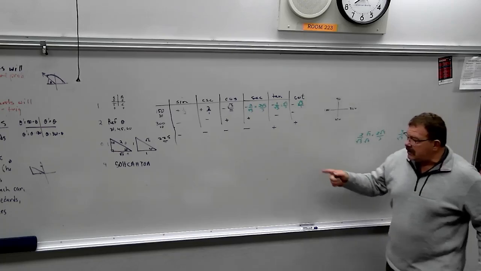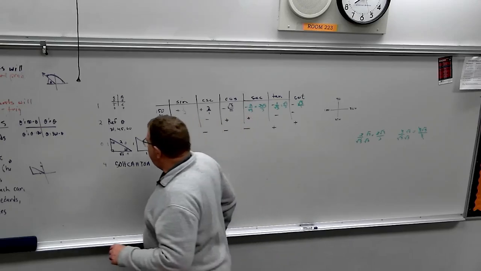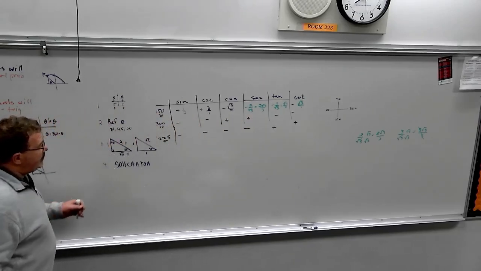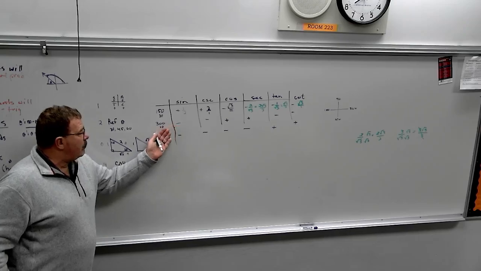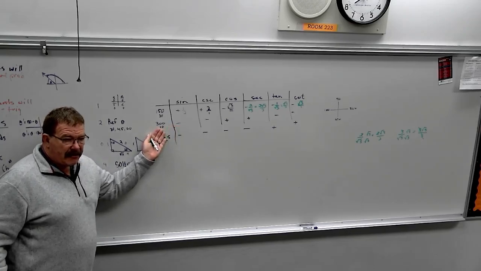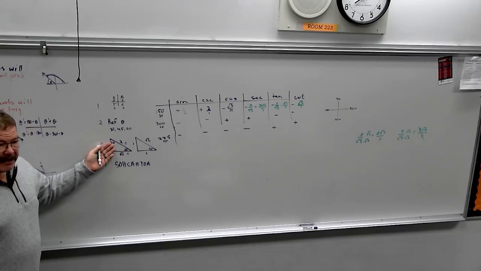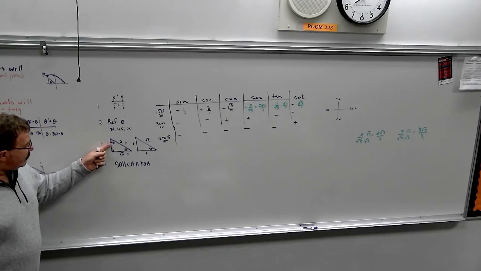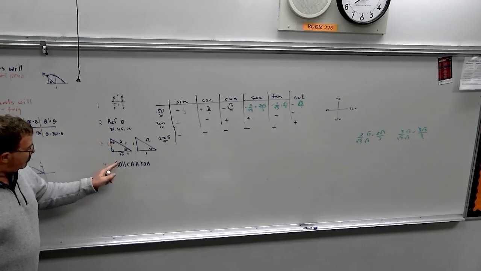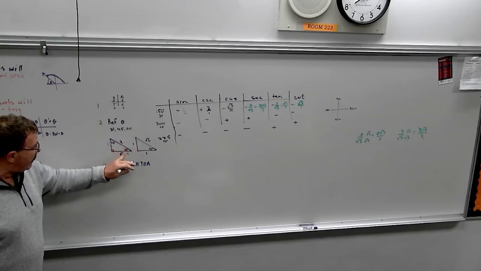So let's finish up with this 300 real quick. So for 300 degrees, we found all of our sines. We found the reference angle to be 60 degrees. So I go to 60 degrees, and now I just do the exact same thing again. Okay, so 60, I want to know sine. Now, you do have to change these, right?